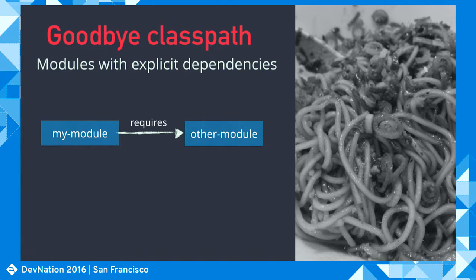So we can express at the Java language level that my module requires some other module. And both at compile time and runtime, we can verify: are all my dependencies satisfied? Is everything there? That's so much better than just a flat class path where stuff might or might not work at runtime, and you probably never know until you see it crash.